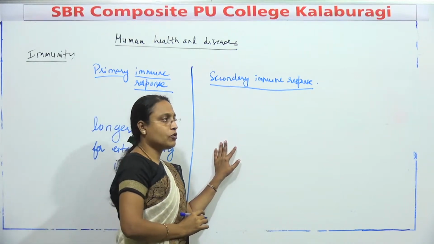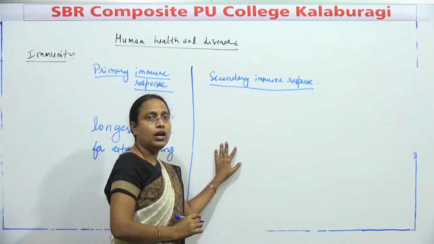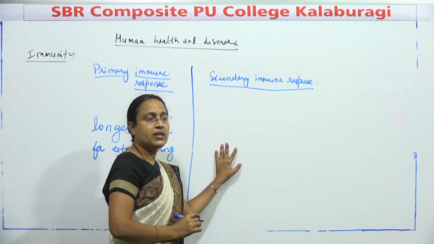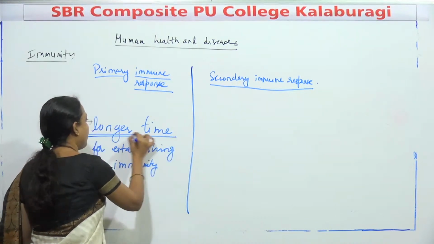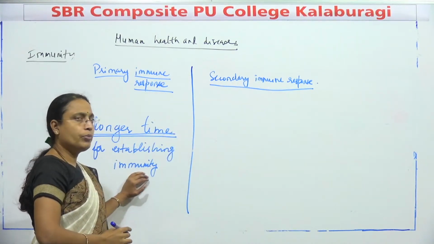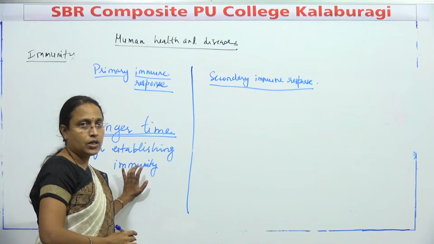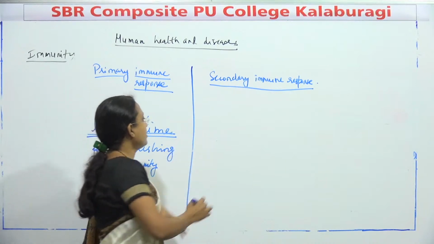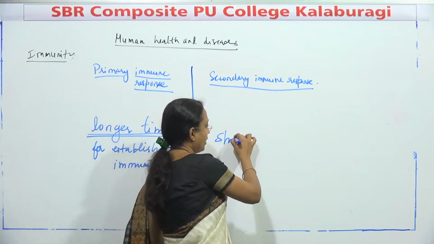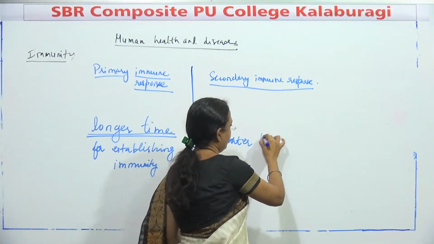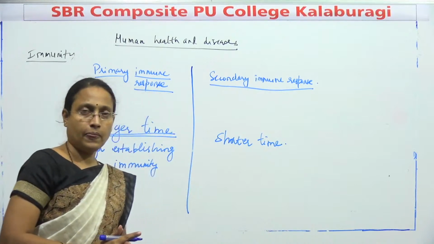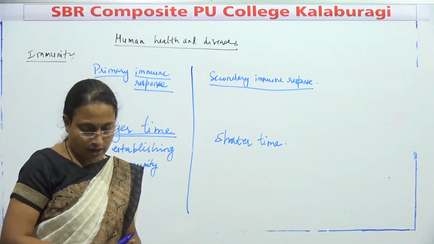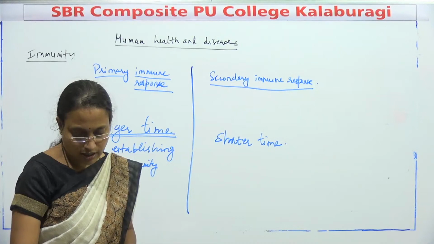Whereas secondary immune response takes shorter time for establishing the immunity. So here, longer time to build immunity, which means to become resistant to the disease, whereas this takes shorter time, is very quick. Got? So this is longer time and this is shorter time.